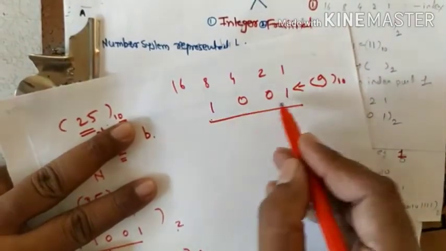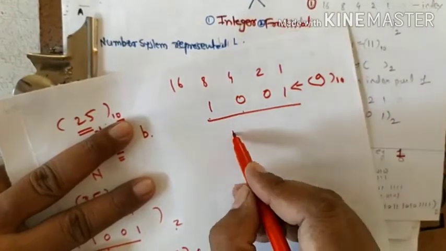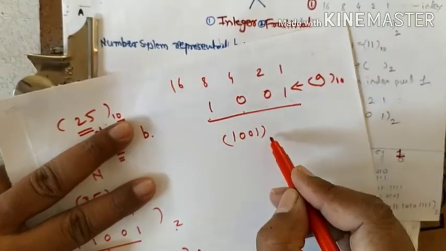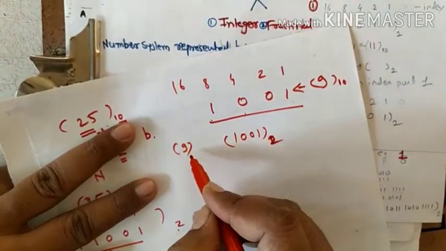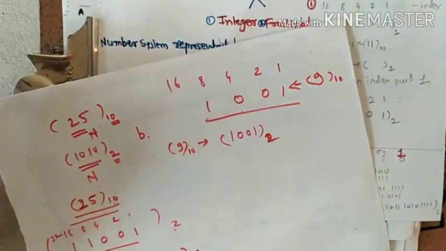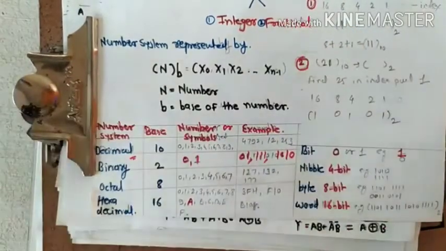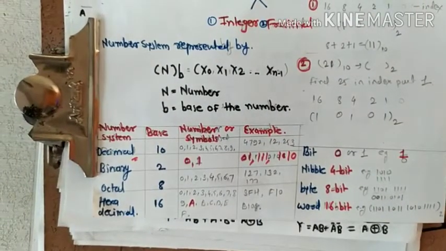See here, 8 plus 1 is 9. So the number is 1001. So 1001 is the binary number of decimal number 9. In this way you have to understand the different number systems which we use in digital electronics.